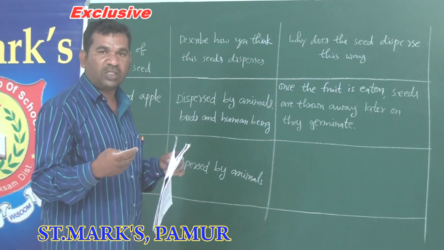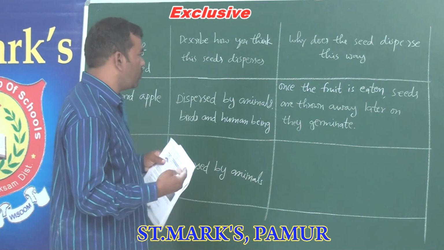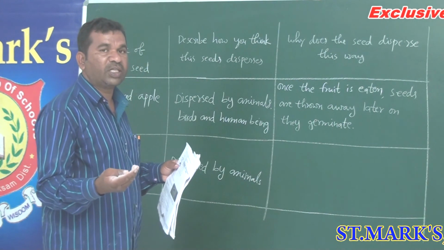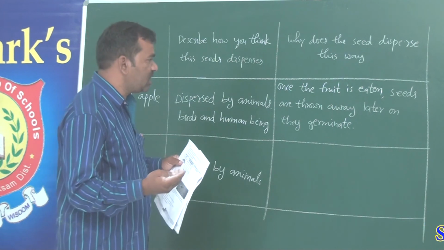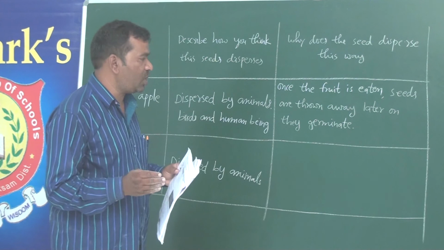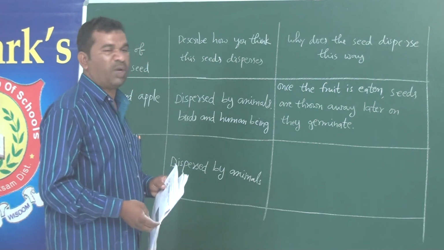Okay, no? Once we eat the fruit, so what do you think would remain? Surely it's seeds. These seeds we throw away. Later on, when they get favorable conditions, they germinate.